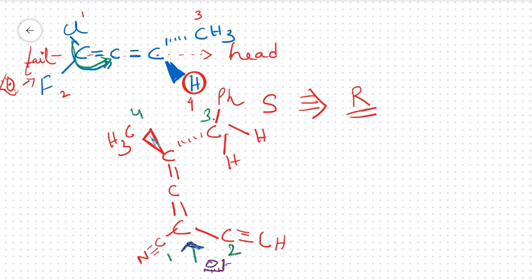You see, 1, 2, 3, 4. So 1, 2, 3 showing S, anti-clockwise, but it will be R.